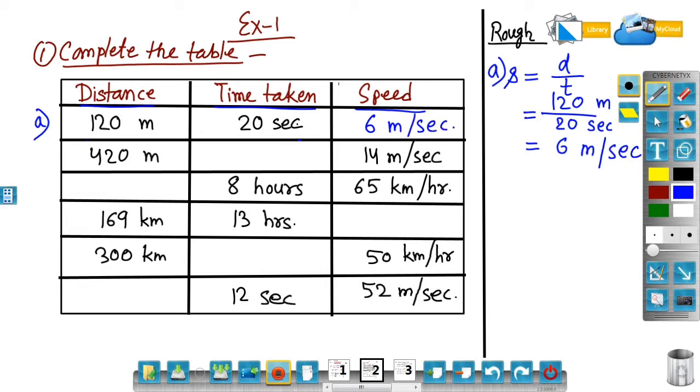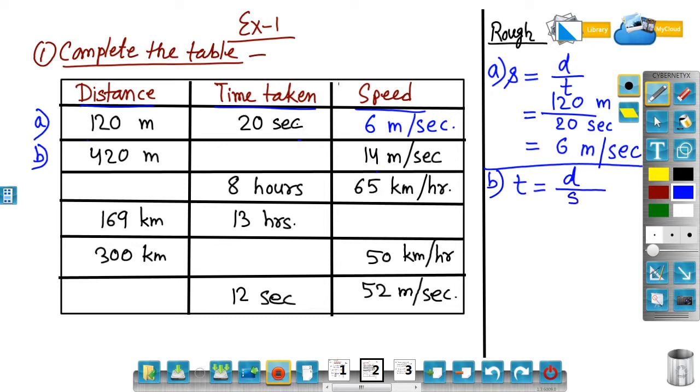Clear? Now if we take this sum as b, then distance is 420 meter, speed is 14 meter per second. So what is the formula to find the time? Obviously t equals d, that means distance, by speed.